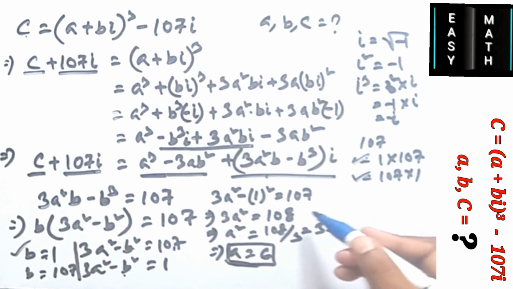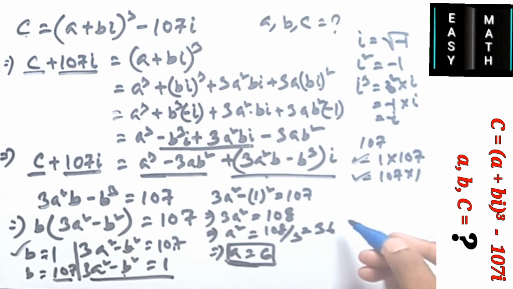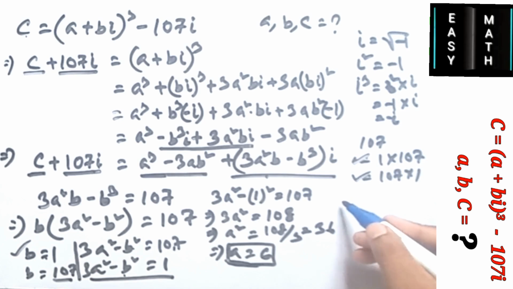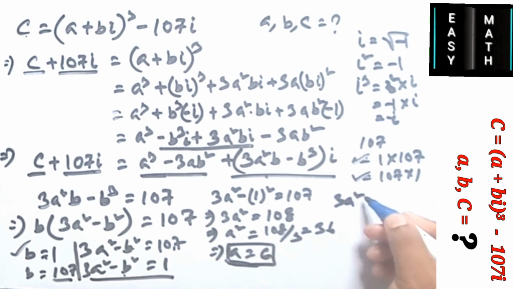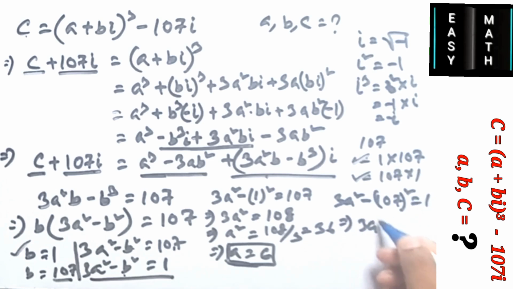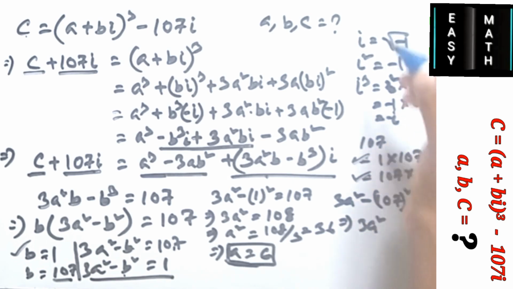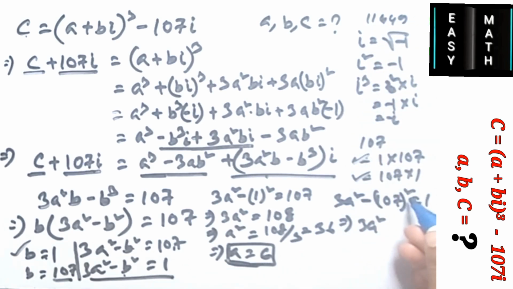And now if b is this, so we can find out. So b is this 3a squared, and b value is 7 squared, this is 1, so 3a squared, and this value is 11449, this squared value.